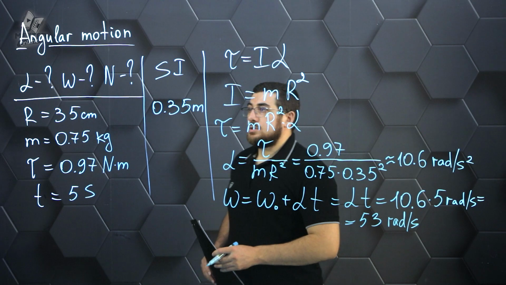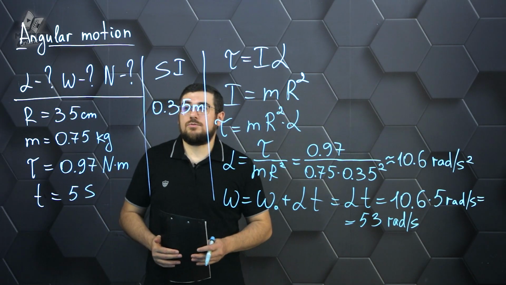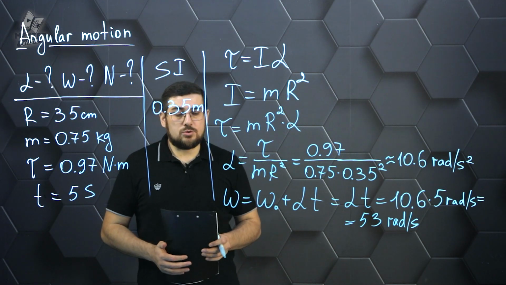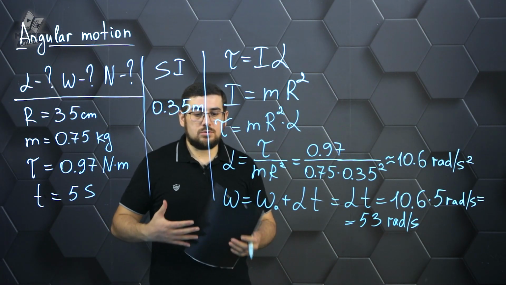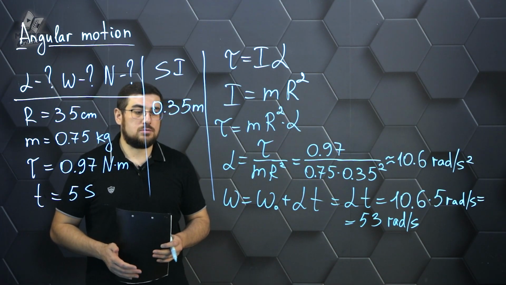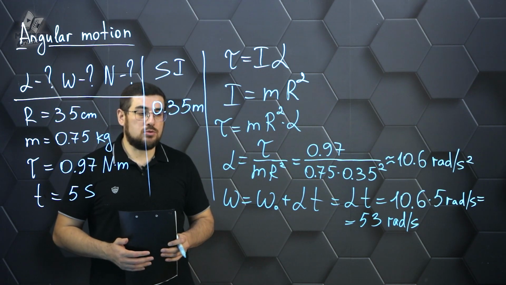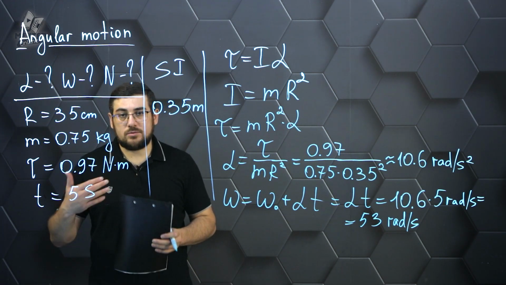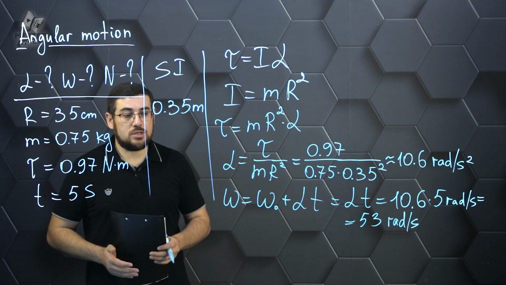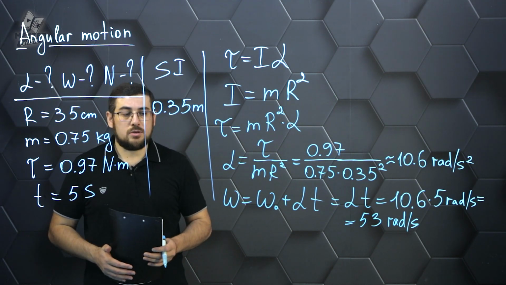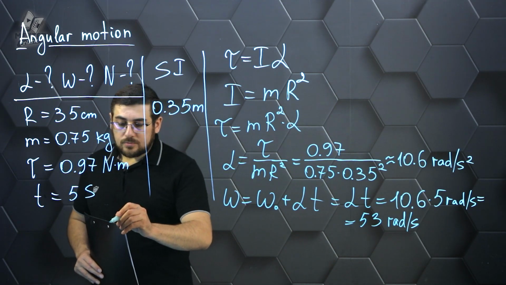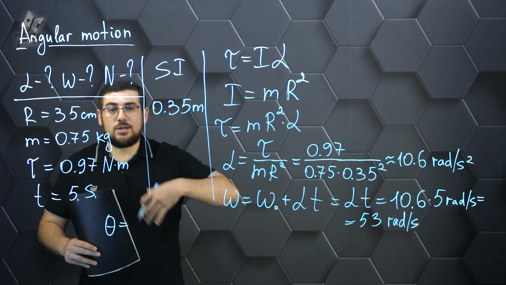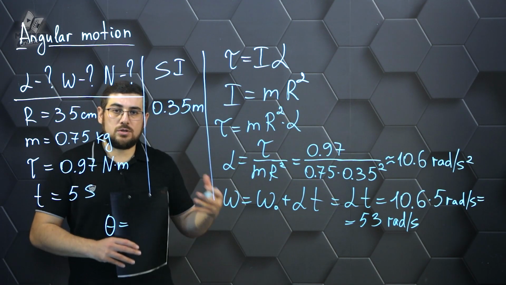And one last question. We need to calculate the number of rotations the wheel made during this time. The number of revolutions might be a bit more challenging because it might not be immediately clear how to calculate this parameter, but let's recall another quantity, one of the fundamental ones describing rotational motion in general. This is angular displacement. We calculate from the perspective that the body rotates through a certain angle over a certain period of time.